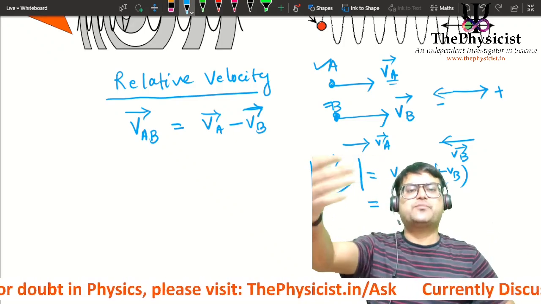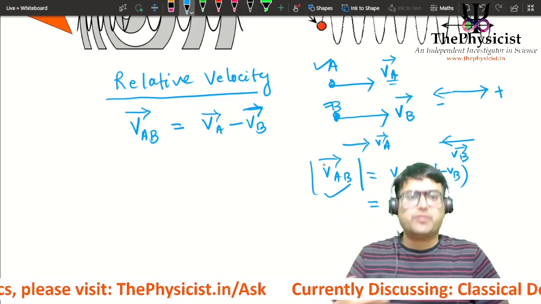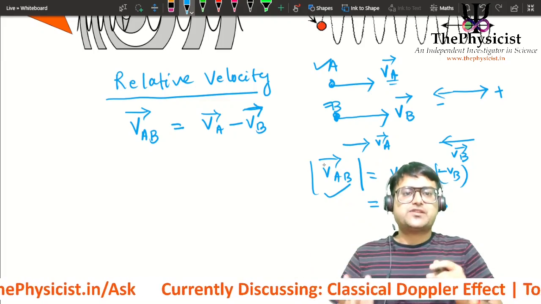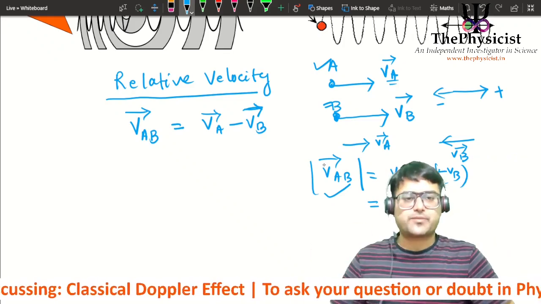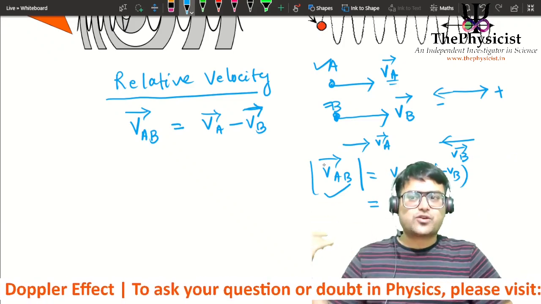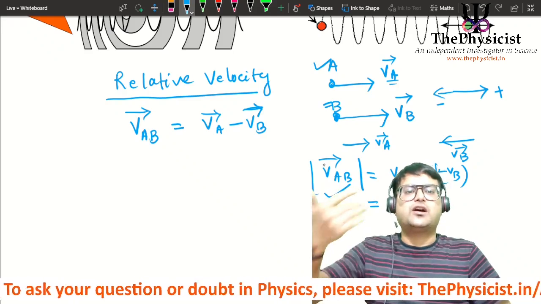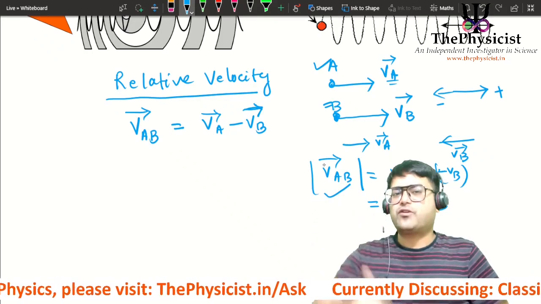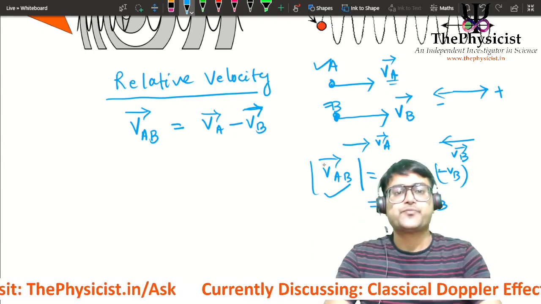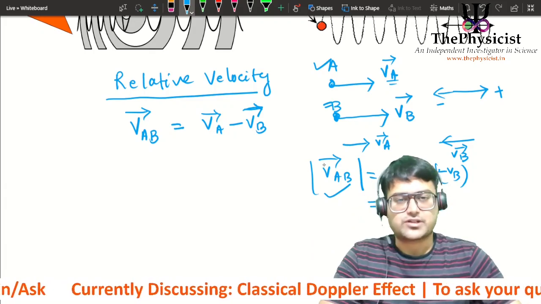So the car will appear to be moving at 120 kilometers per hour. But if you are moving forward at 20 kilometers per hour and the car is also moving forward at 100 kilometers per hour, then to you the car will appear to be moving at 80 kilometers per hour. So that's the concept of relative velocity.